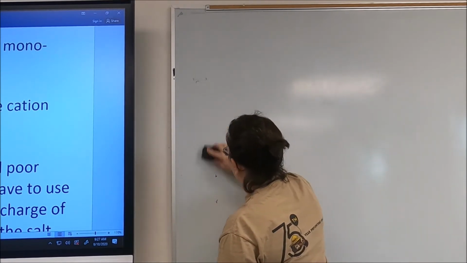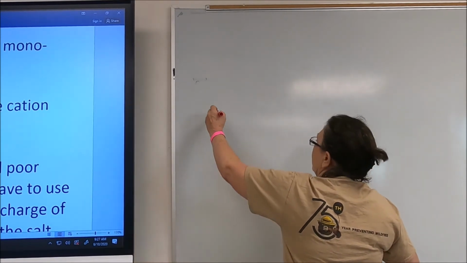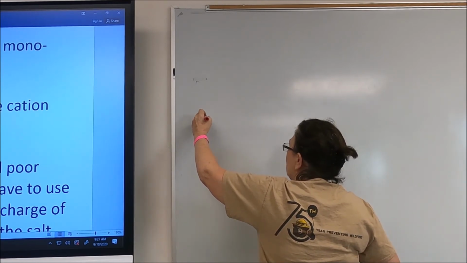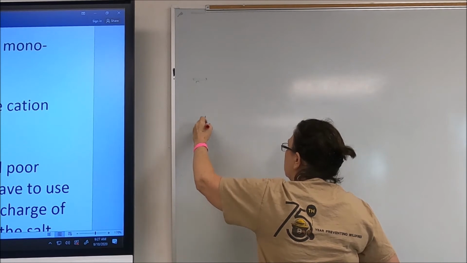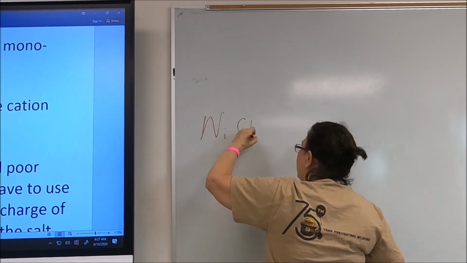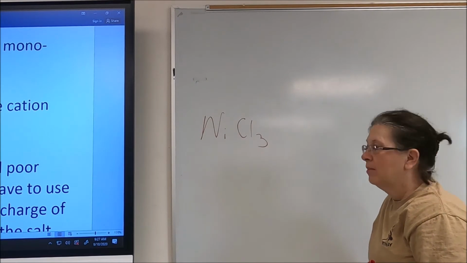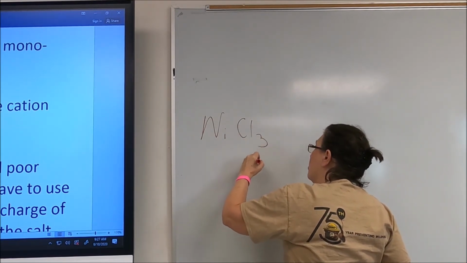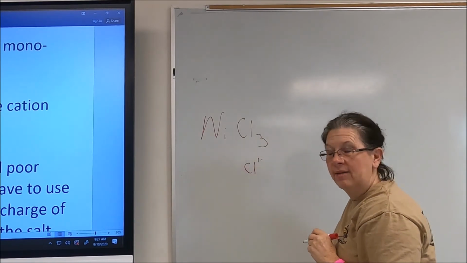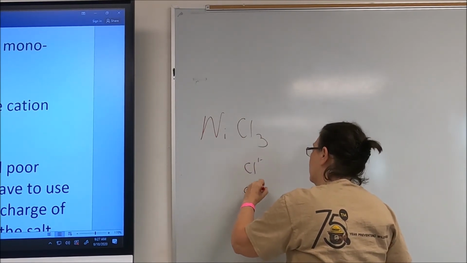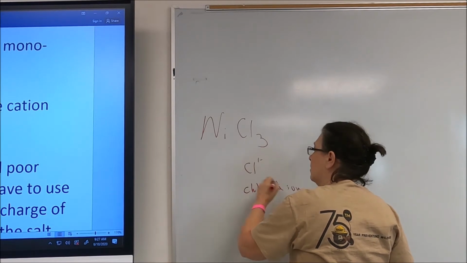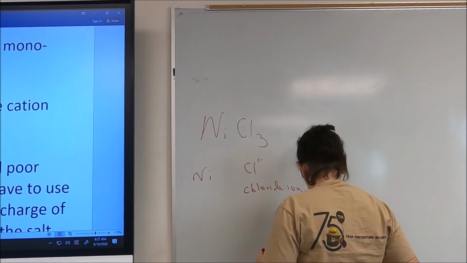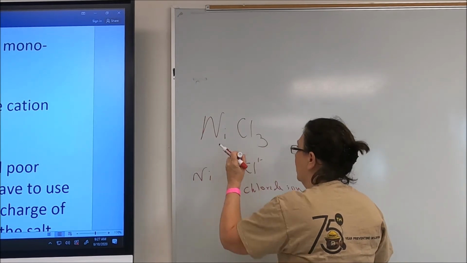Now, what if we had NiCl3? Nickel is another transition metal. I know that chlorine ions are 1 minus, the chloride ion. So kind of doing crisscross in reverse, okay, think about it.